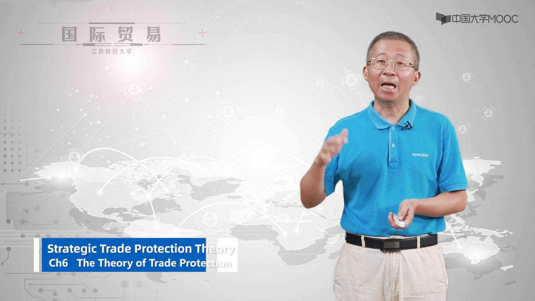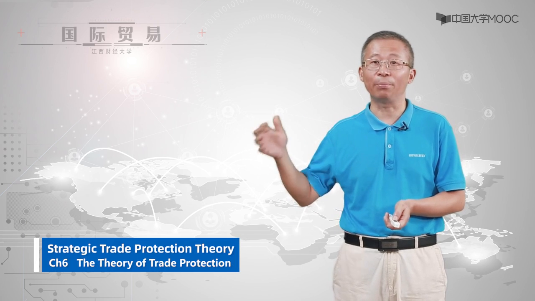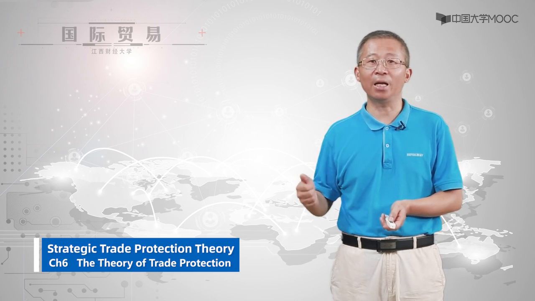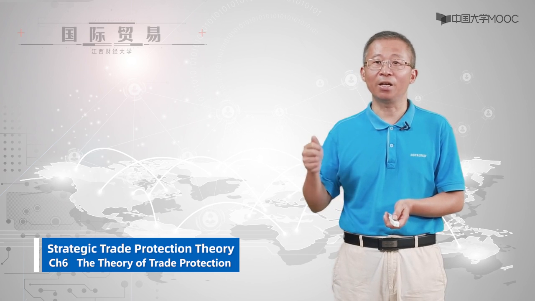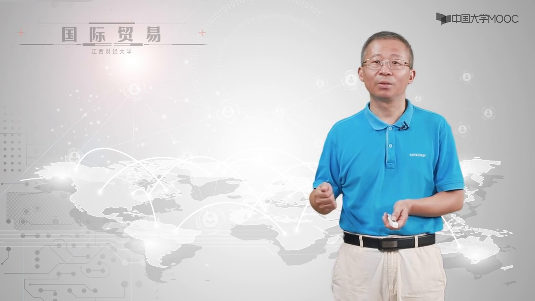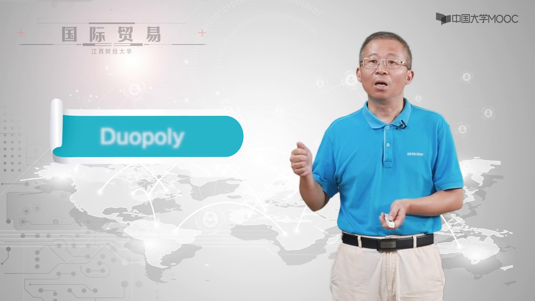Setting aside the effect on consumers, this capture of profits from foreign competitors would mean the subsidy raises national income at other countries' expense. The Brander-Spencer analysis can be illustrated with a simple example in which there are only two firms competing, each from a different country, which is called a duopoly.